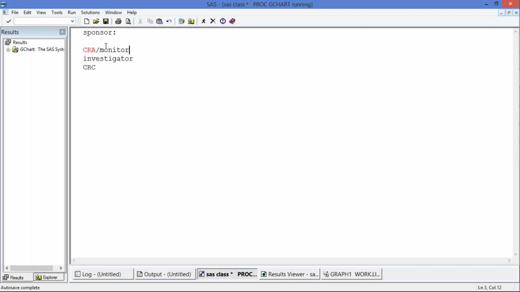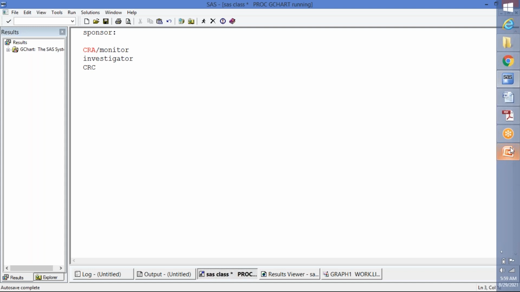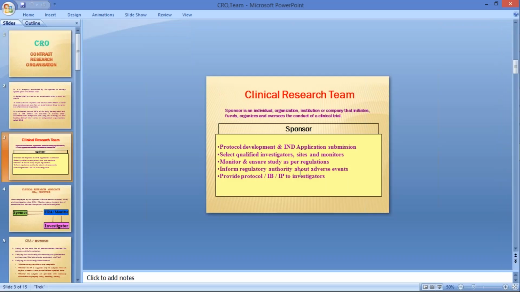They develop the protocol and all the study related documents and provide them to the investigator, like IP, protocol, ICF. Those are all documents developed by the sponsor and provided to the investigator. You can see the responsibilities.